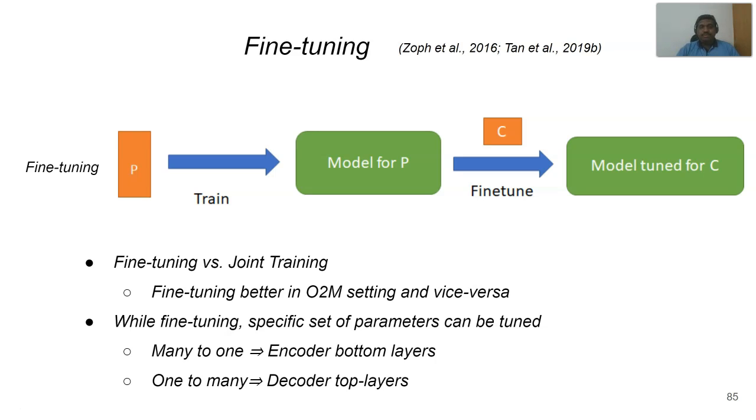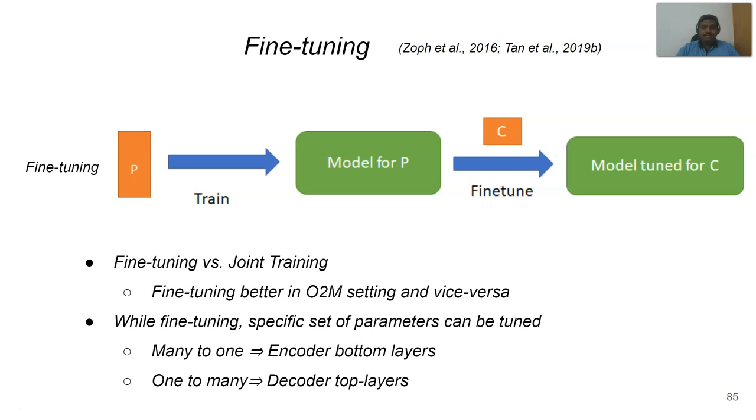Now, what you can do with fine tuning is specify a set of parameters to be tuned. You don't have to always fine tune the entire network, all the parameters, but you can choose to freeze some parameters and tune the rest.